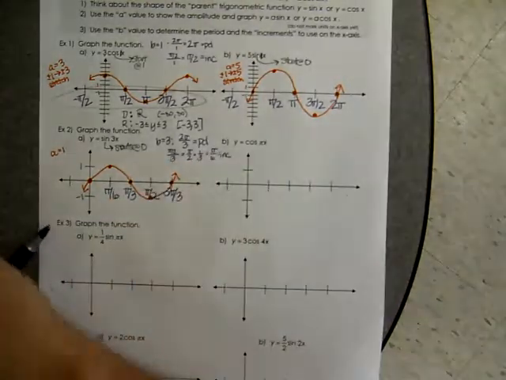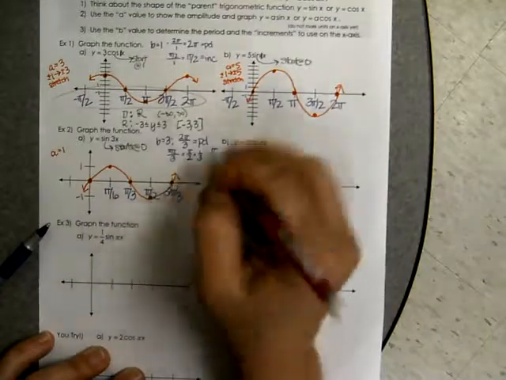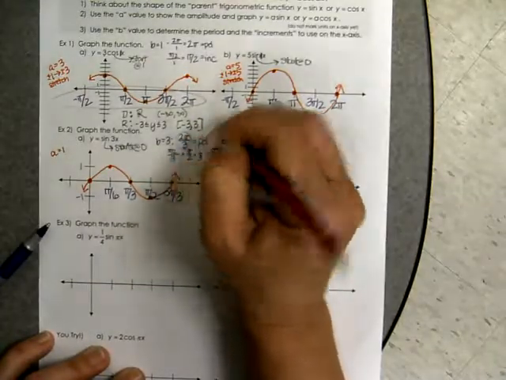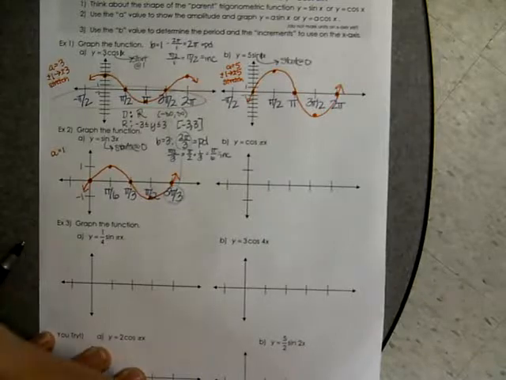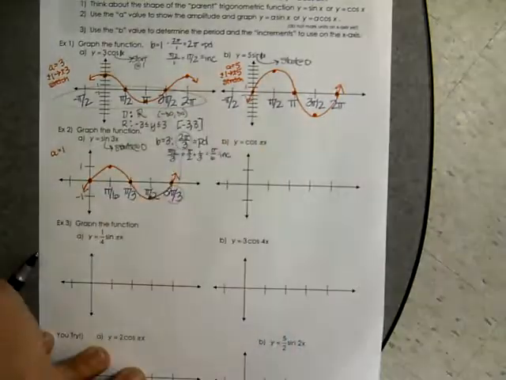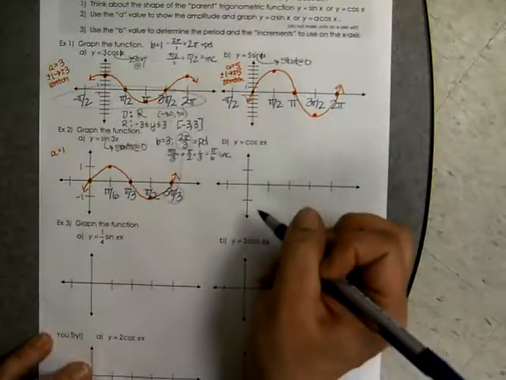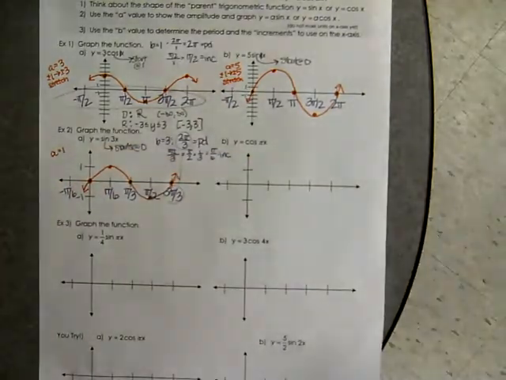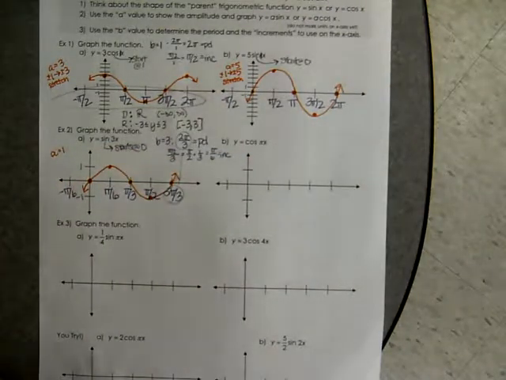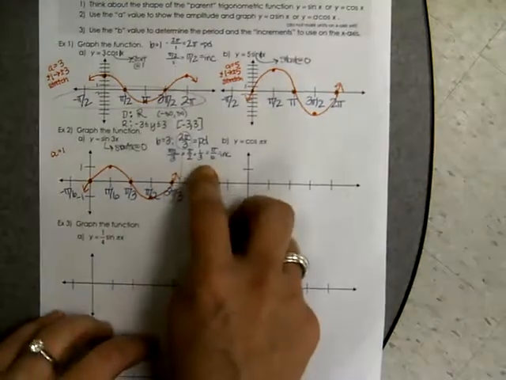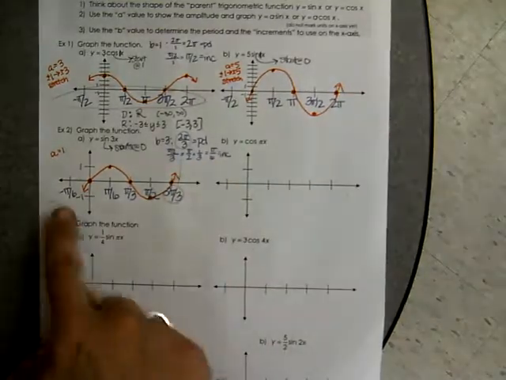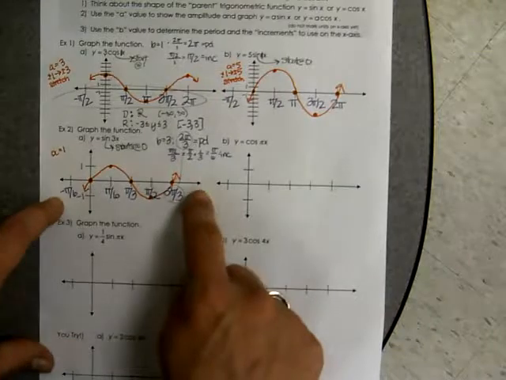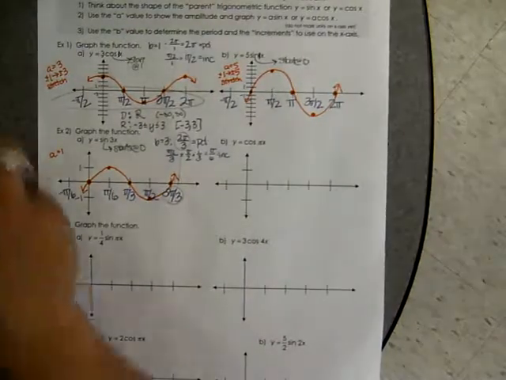And notice that this fourth value should match that period. Notice that that's how long it took to make one full cycle. And then over here, I'll just put negative pi over 6. So that's the gist there with affecting the period. We just label our x-axis differently, and we're all set.